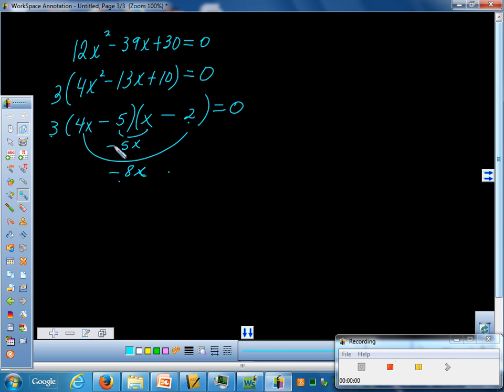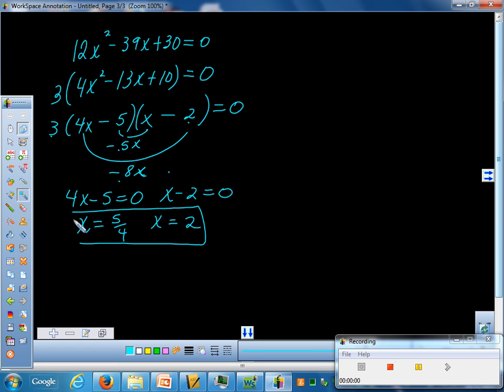Just take your factors and solve them. The 3 just gets ignored. So you would only have to set 4x minus 5 equal to 0 and x minus 2 equal to 0. Which means x would equal 5 over 4 or 2. And there are your solutions.